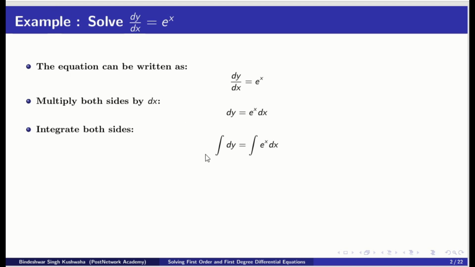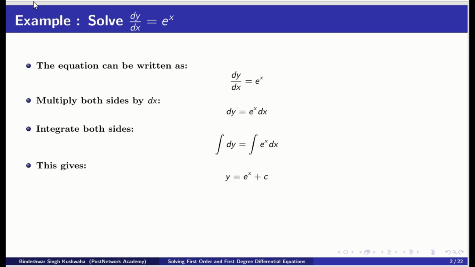After integration we will get y, and the integration of e^x would be e^x, and one constant will get added, and this is the final solution.